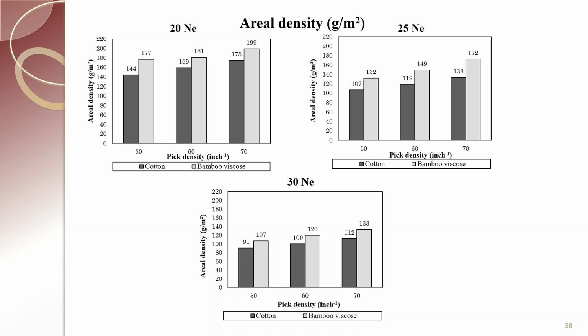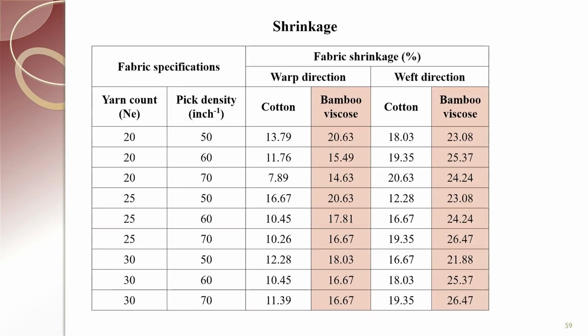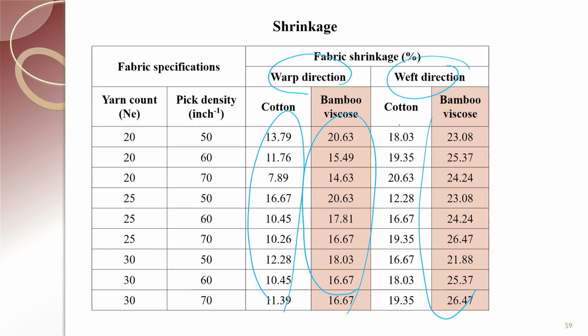Then we tried to go further, we tried to understand the correlation, and tried to see the shrinkage value. Now, if we see the shrinkage, both warp wise and weft wise, the bamboo viscose results in very high shrinkage as compared to cotton, for all the fabrics, all the combinations.